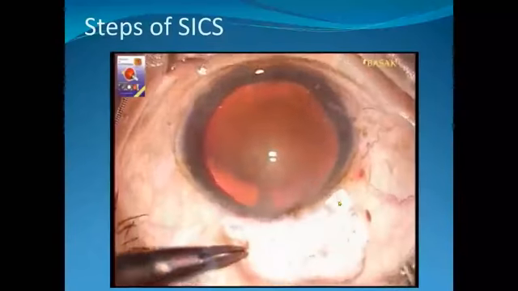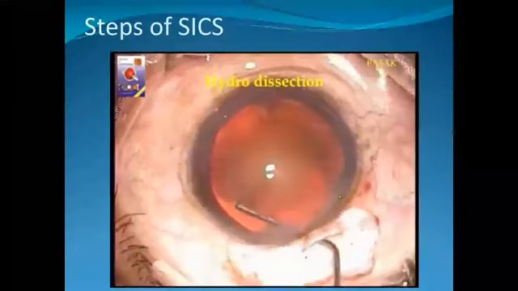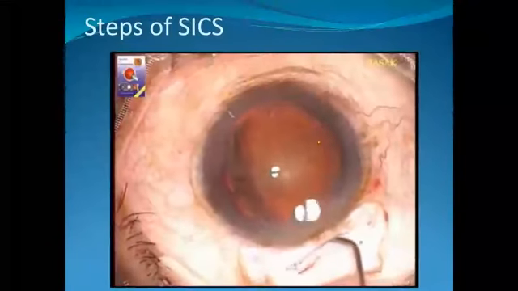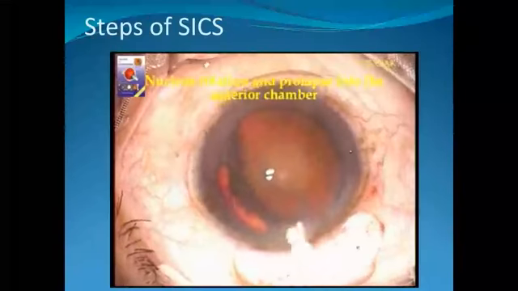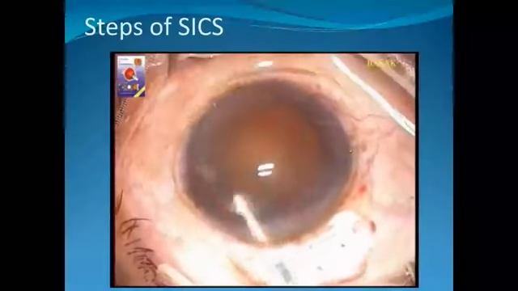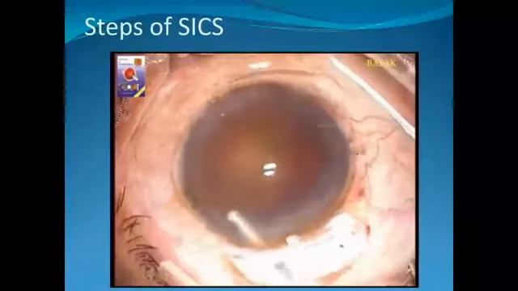The special term is continuous curvilinear capsulorhexis. This is hydrodissection. The lens is collapsed into the anterior chamber.